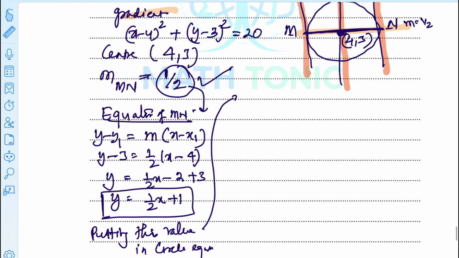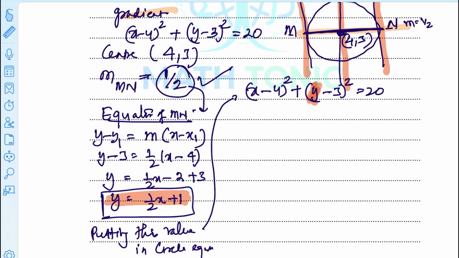So here we already have an equation: (x - 4)^2 + (y - 3)^2 = 20, right? Now this y will be replaced like this, because they are intersecting.